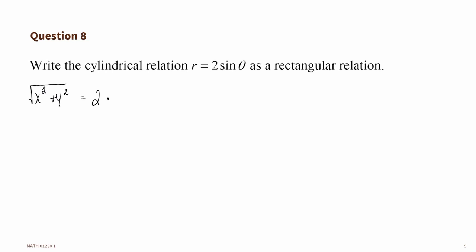Doesn't matter which way, just the ones for rectangular and cylindrical. So you have 6 total relations. Which one involves sine? Solve for sine. So what is sine of theta?